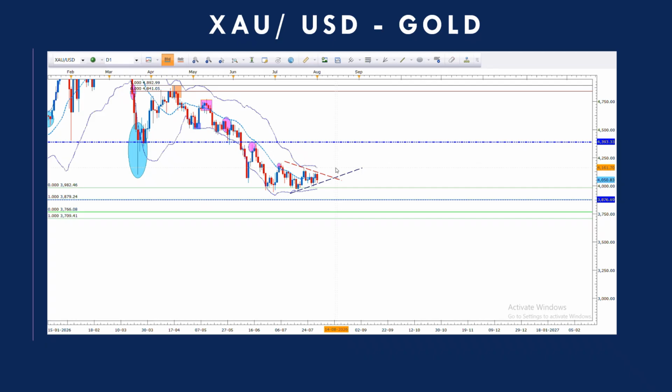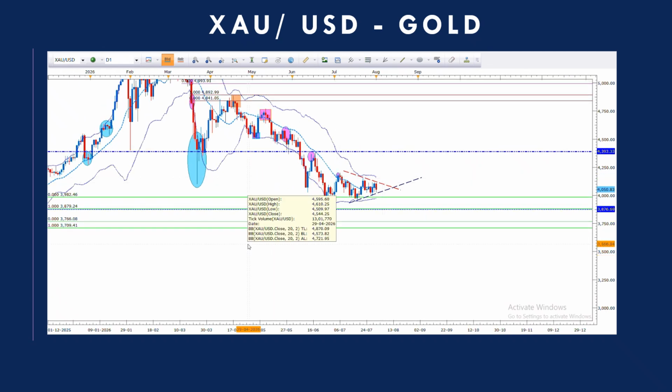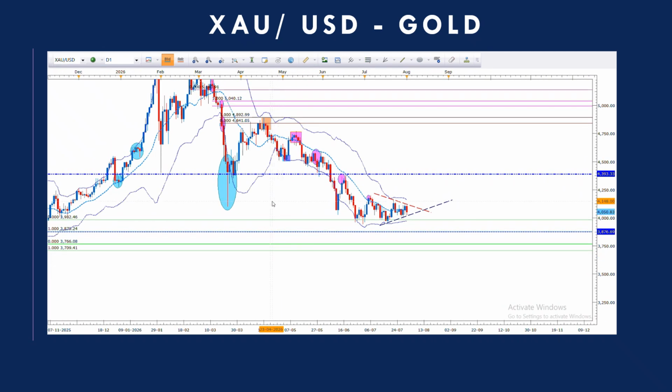If it manages to break above and close above this particular line of 4167 or 4170, we then know that gold is trying to gather some strength to restart its uptrend.